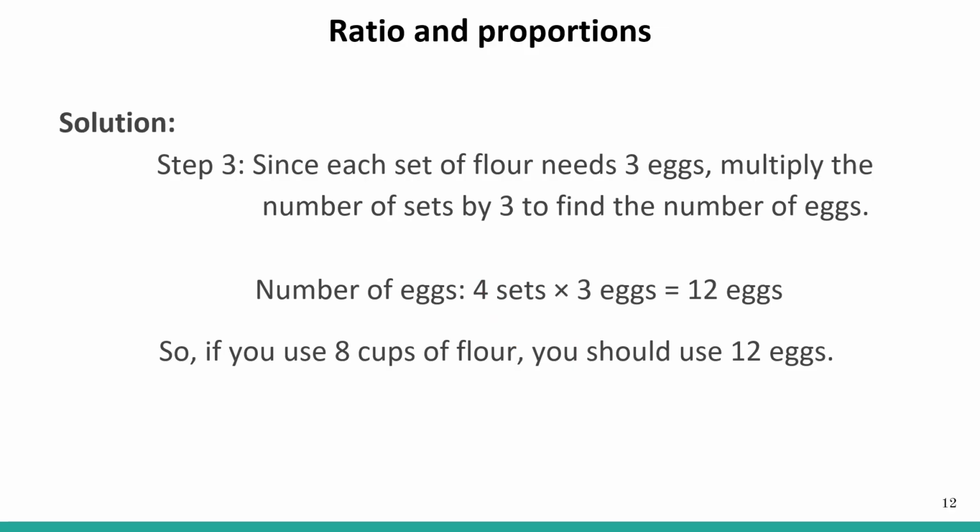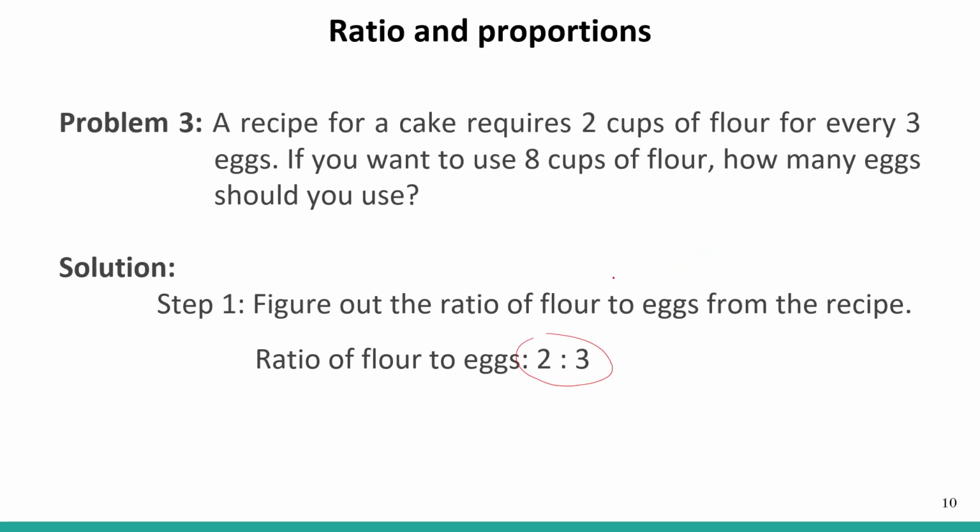Since each set of flour needs 3 eggs, we multiply the number of sets by 3 to find the number of eggs. So the number of eggs is 4 sets into 3 eggs, which is equal to 12 eggs, and we have already established that 12 eggs is the correct answer. So if the recipe requires 2 cups of flour for every 3 eggs, then if you want to use 8 cups of flour, you need 12 eggs.